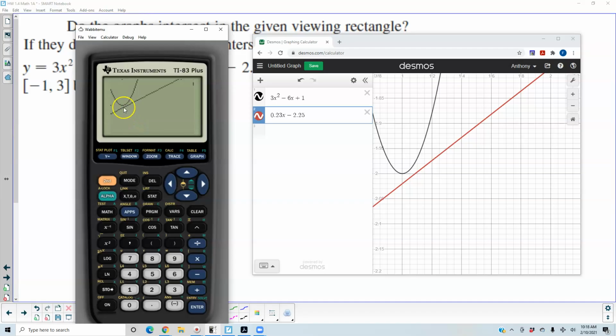So here on the graph, we can also see that it's showing that it's not intersecting.